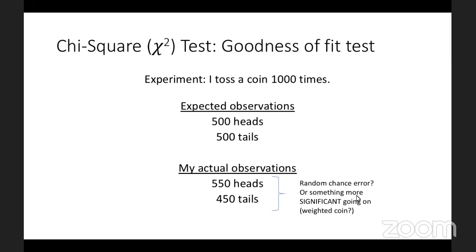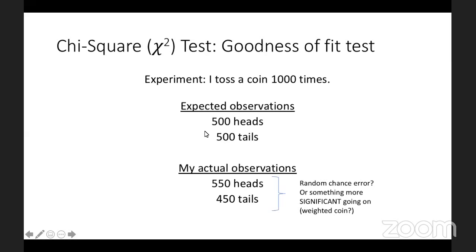But the reality of our universe is that there is a random chance of error or deviation away from that perfect 500 heads and perfect 500 tails. So let's say you did this experiment and you counted 550 heads and 450 tails. You might want to ask yourself, is this deviation away from our expectation due to random chance?